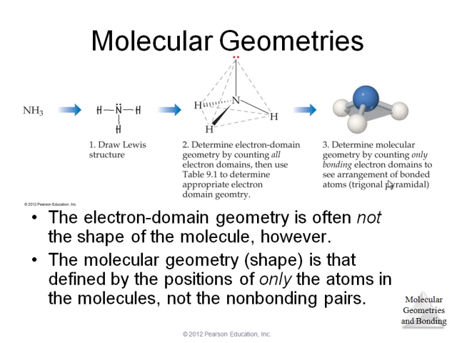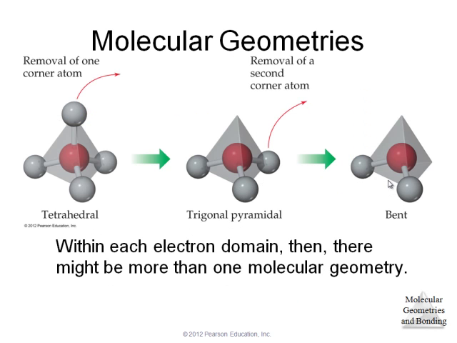And as I said, next week you are going to build molecules, so you really get a chance to play with them, so that the shape is imprinted on your mind. But let's just learn how we get this. Once again, from the parent structure, we have to envision the shape of the molecule only by looking at the bonded atoms. We have to try to remove the lone pairs.